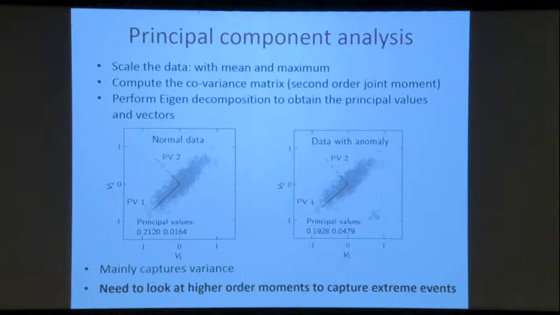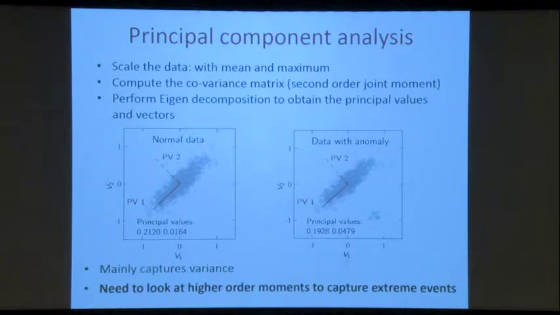And so if we plot the first principal vector and the orthonormal second principal vector on top of this synthetic data, you can see the first principal vector aligns with the scatter or variance in the data, as you would expect from this analysis. And the second vector is orthonormal to that.